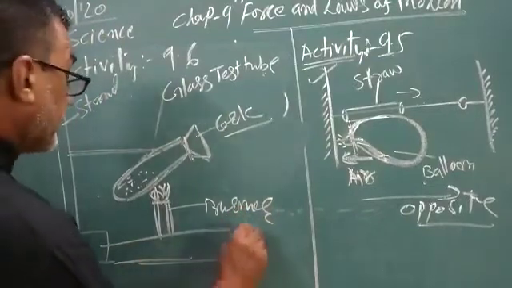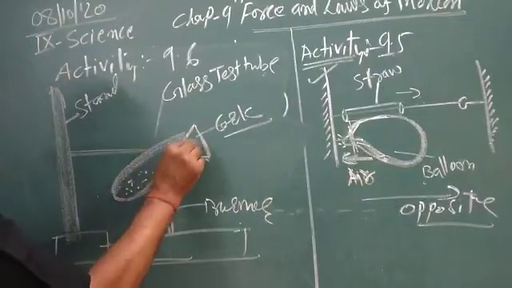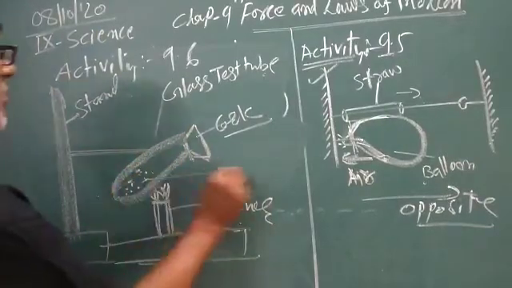As shown in this figure, you tie one glass test tube filled with water and close it with the cork.